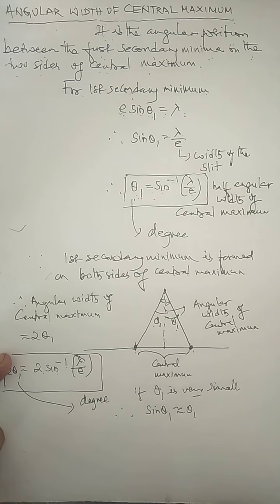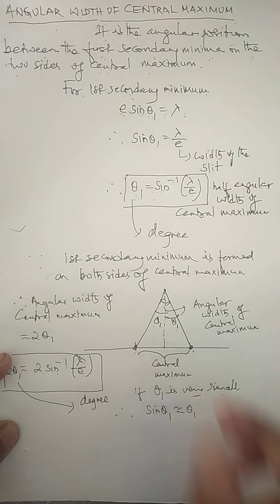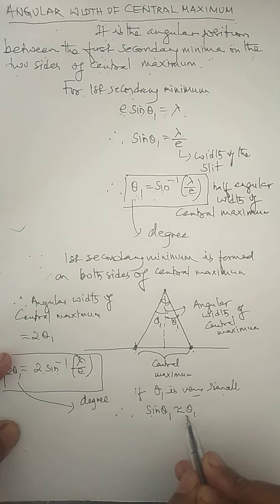You know there is a condition: when theta is very small, sine of theta is theta. In a similar manner, theta 1 is a very small angle, so sine of theta 1 equals theta 1.